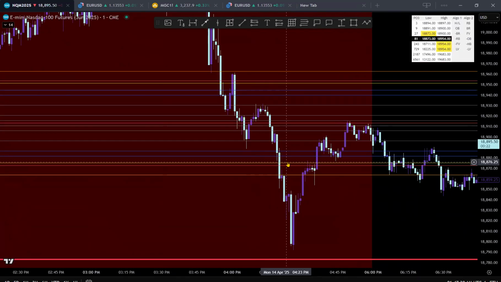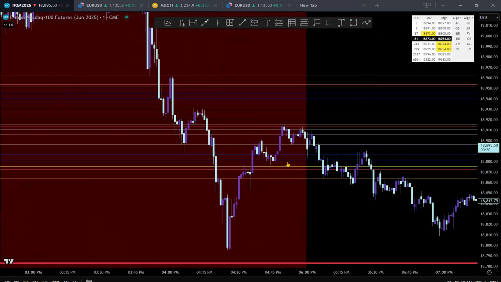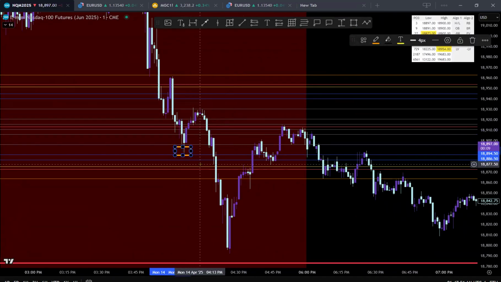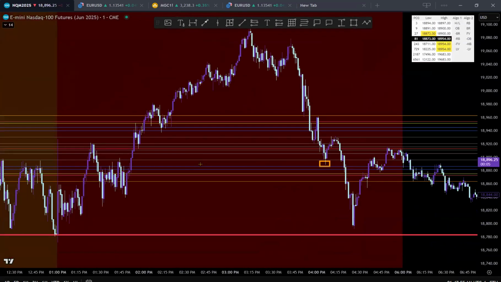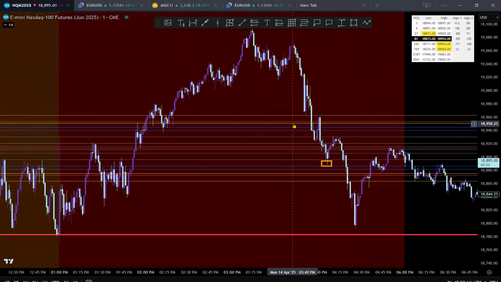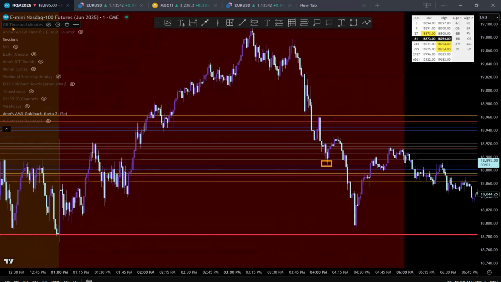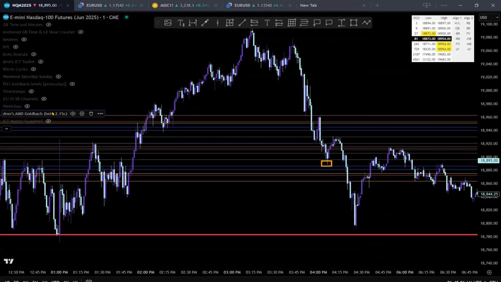Now, it feels like The Matrix Reloaded at this point, but this is the thing, right? Once we pass through this mitigation block level, look at the vibe. We have power of three liquidity here. And again, this is your PM session for yesterday. All right. So I'm going to drive this up really quick. Let's check this out.